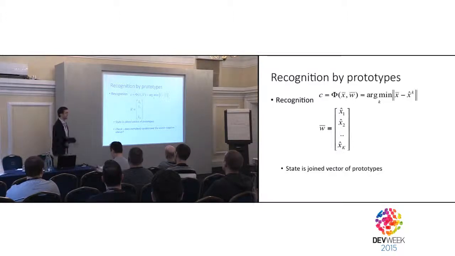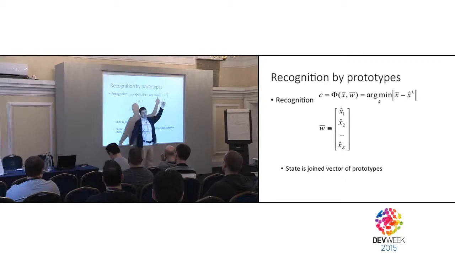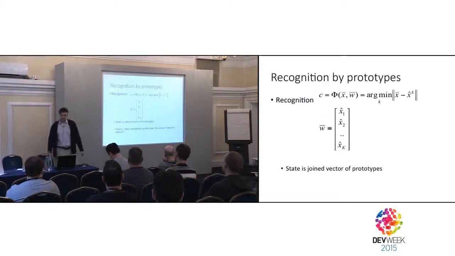we assign the object class label by the index of the prototype with which the input feature had the minimum sum of squared differences. Or in other words, it's called Euclidean distance.